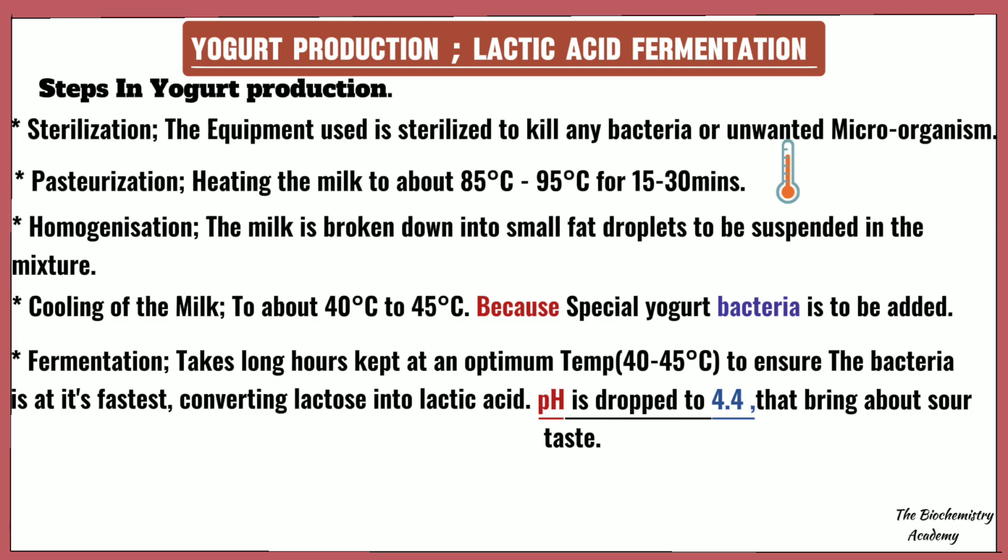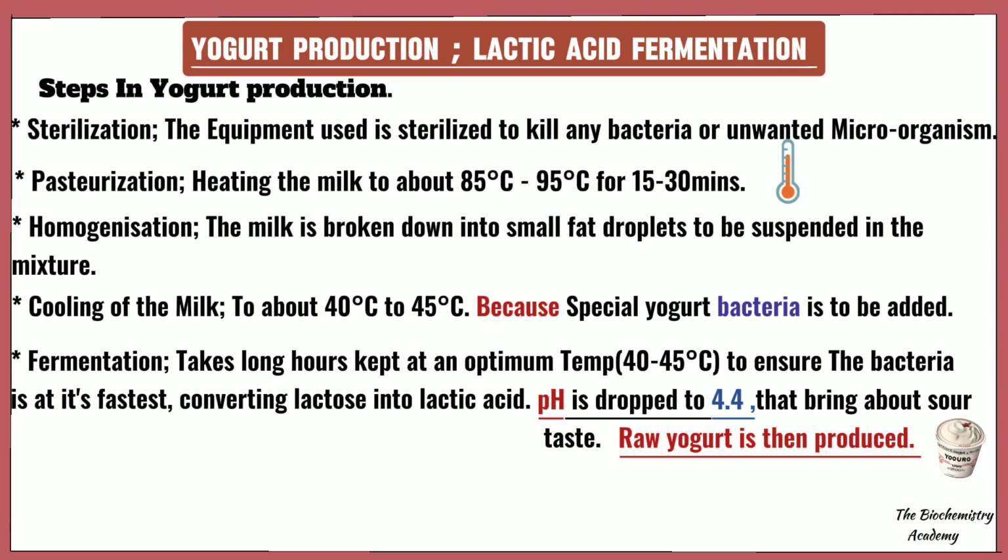Now, when this pH is being dropped, then the milk then solidifies, and then we have raw yogurt produced. Once the pH becomes low, the lactic acid bacteria stop working, to prevent the mixture from becoming too solid, and the low pH also prevents other bacteria from entering.